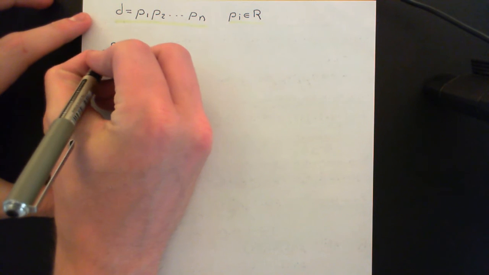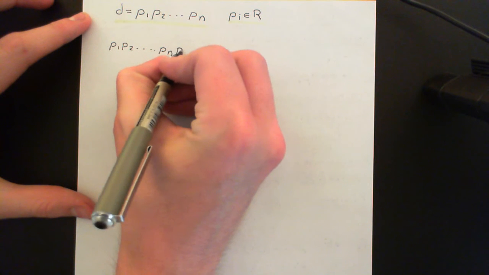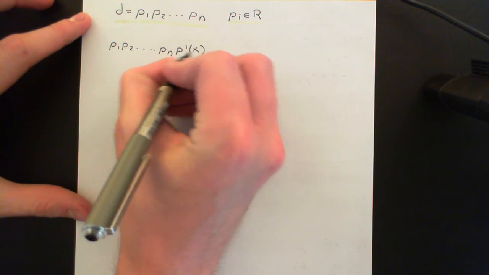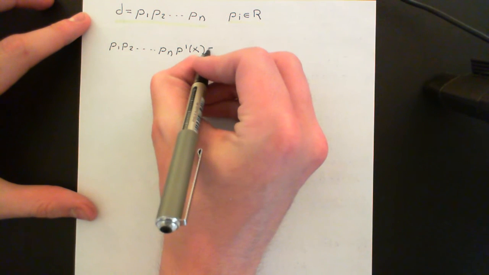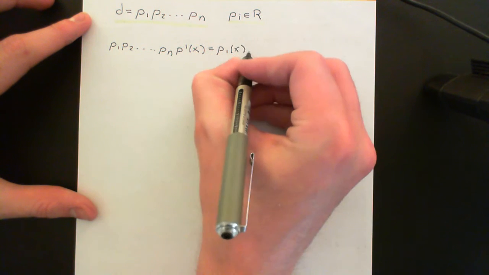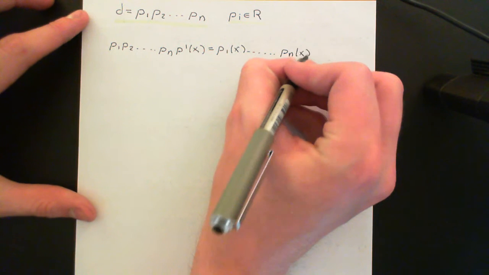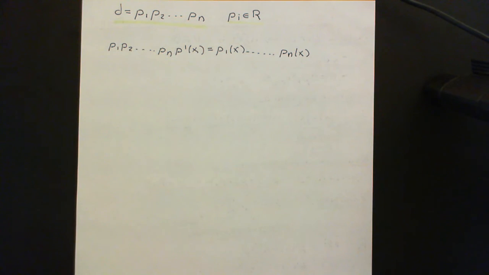What I've now got is p1 times p2 all the way up to times pn, where these are all now viewed as constant polynomials, times the non-constant primitive polynomial p prime of x, is equal to these polynomials p1 of x all the way along to pn of x, which are these modified polynomials that I got from those polynomials that were irreducible in my ring of polynomials over the fraction field.